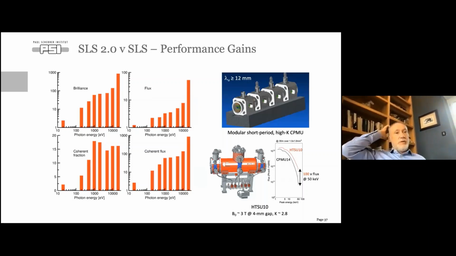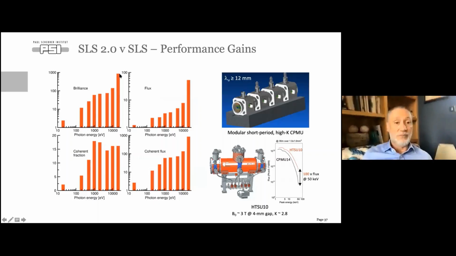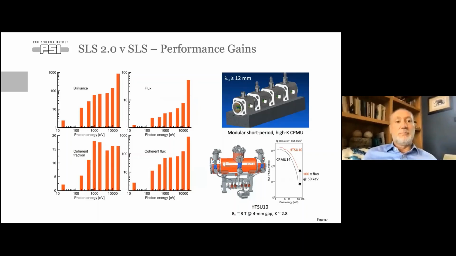And if we actually look at the factor improvements in the brilliance, the flux, the coherent fraction and coherent flux, we see, for example, improvements in brilliance up to a factor of around 1,000 in the hard X-ray regime.